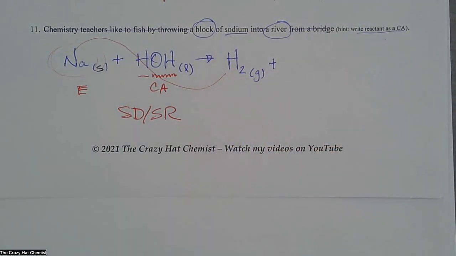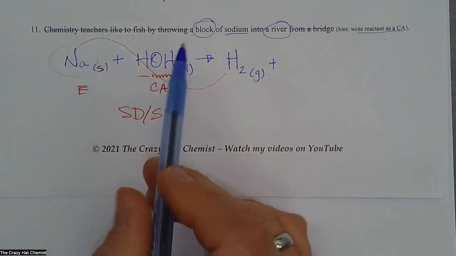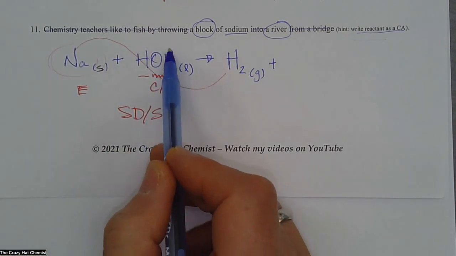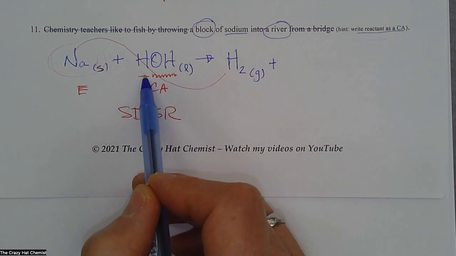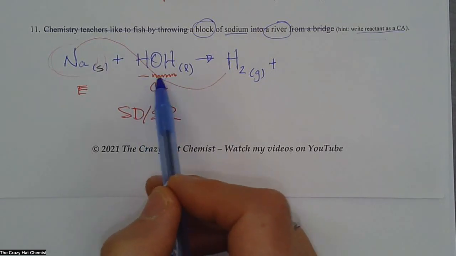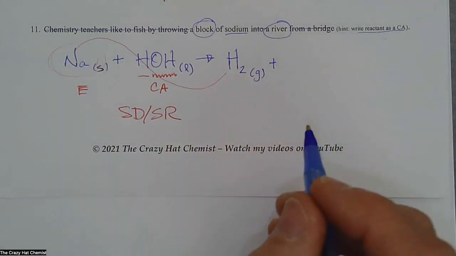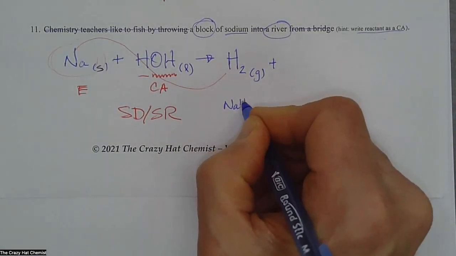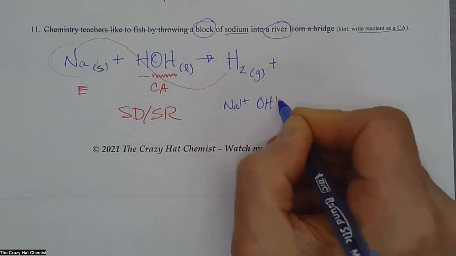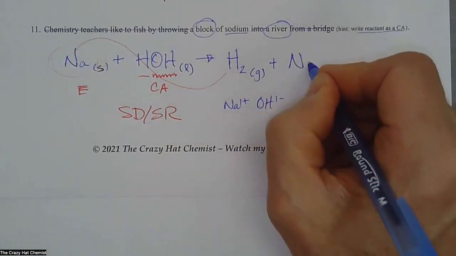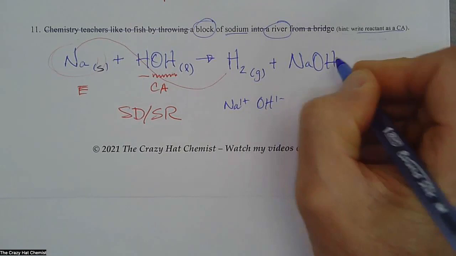It's one of the 7 diatomics. Okay, and then the sodium is going to combine with the hydroxide. Hopefully you've seen, if you've done cation, anion, instead of the H2O, that it's the sodium and the hydroxide that are combining together. Sodium is a group 1, hydroxide is a polyatomic ion of -1, so it's NaOH.